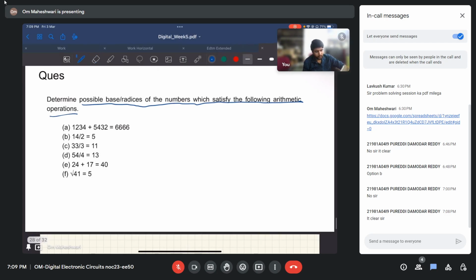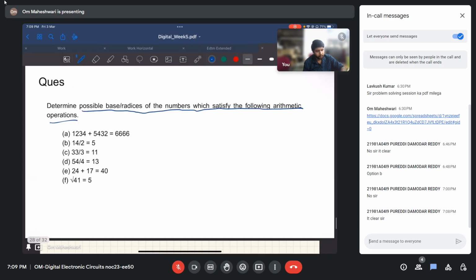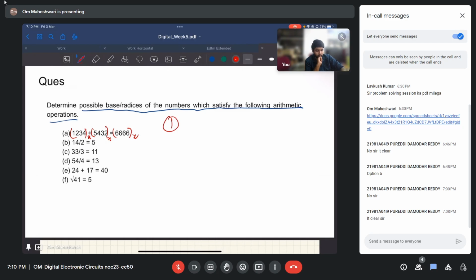Let us start. We don't know what the base is, right? So we have numbers like 1 2 3 4 in base x. Since the base is x, we see two things. First, see the digits.